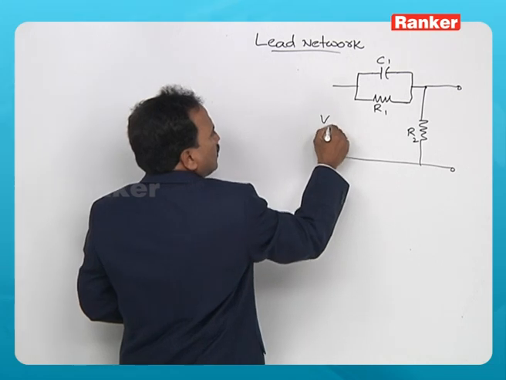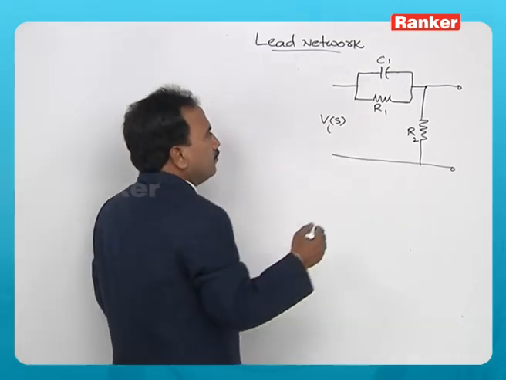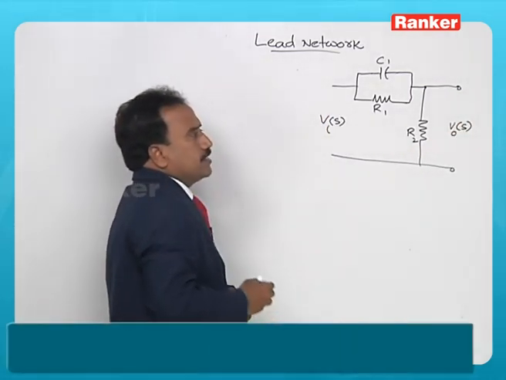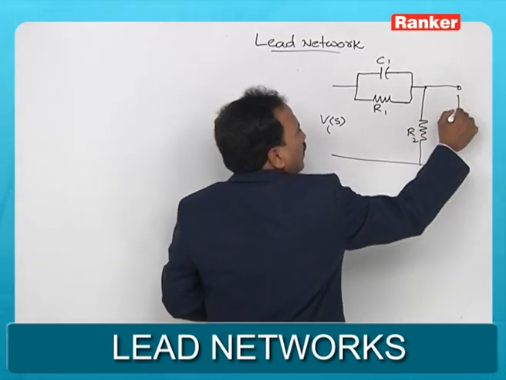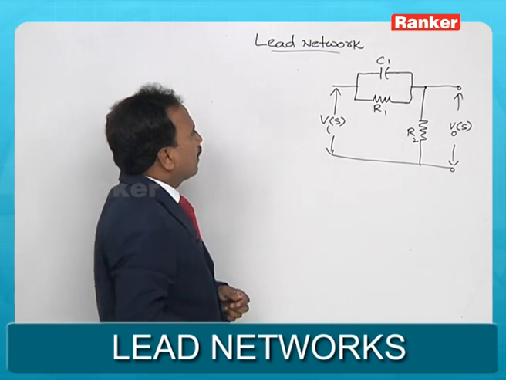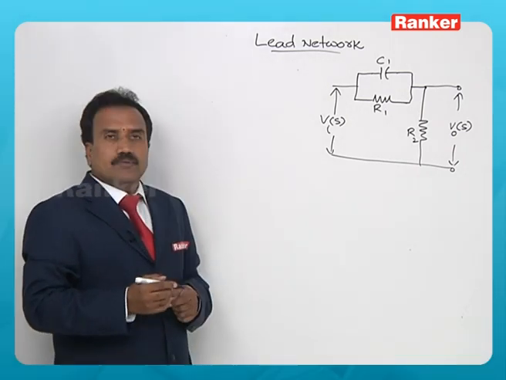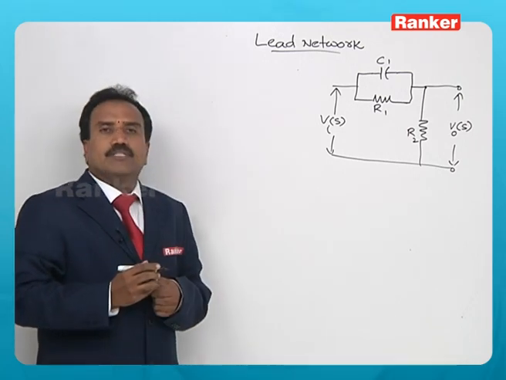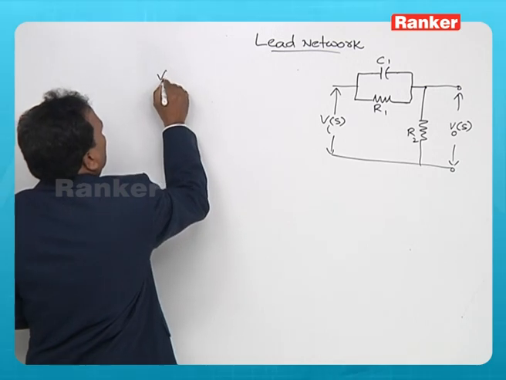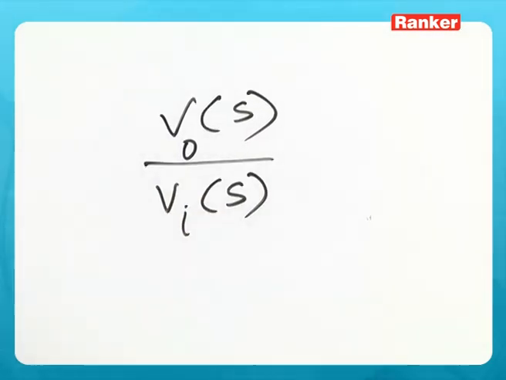Say this is excited by a sinusoidal input Vi(s), then you have output V0(s) across R2. Now I am interested to know the transfer function of this lead network, V0(s) by Vi(s).